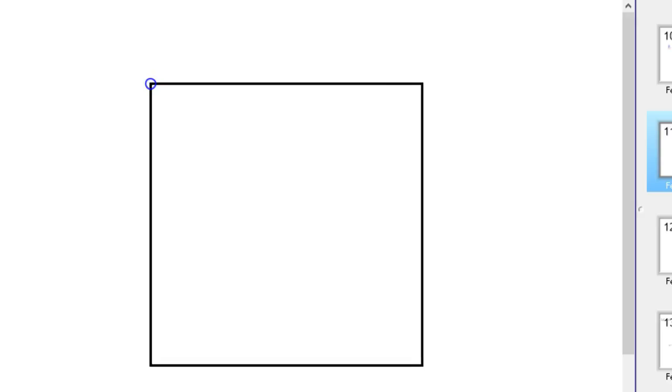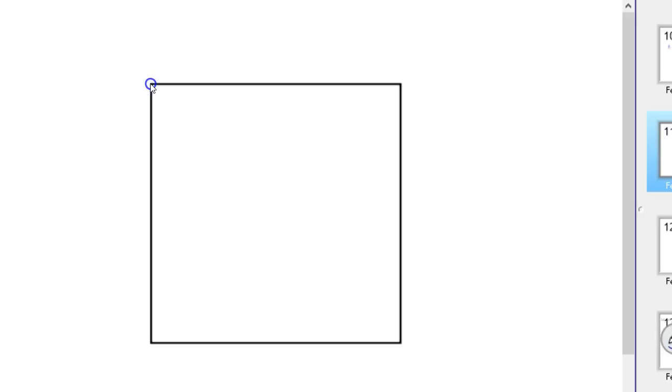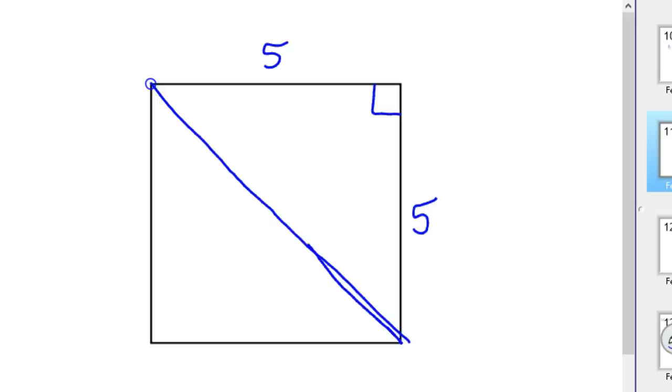So these come from a square, like the 45-45-90 comes out of a square. So if you knew the sides of a square, if this was 5, then you know this is 5, and every angle is 90 degrees, and if you put in the diagonal, now you have a 45-45-90 triangle. So this is 45 degrees, and you could use the Pythagorean theorem to show that this is indeed 5 root 2.